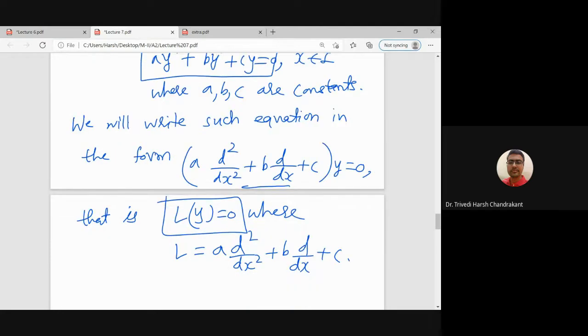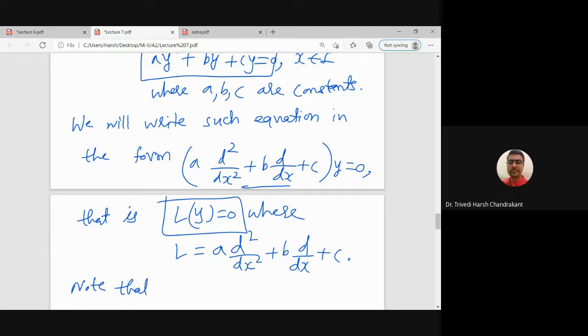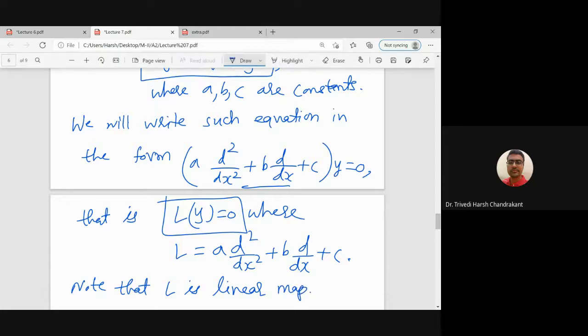And note that L is a linear function, linear map. So it is the same thing that if y1 and y2 are solutions, then L of y1 plus y2 is L of y1 plus L of y2, right? So that way you can easily check that L is a linear operator.